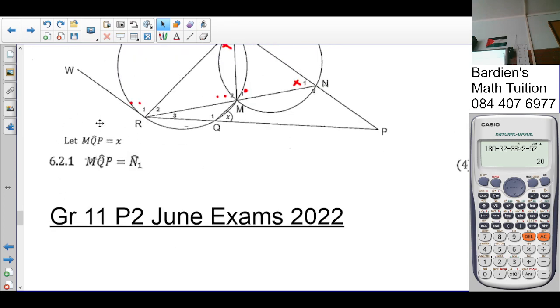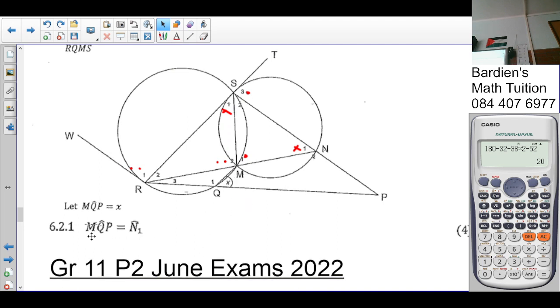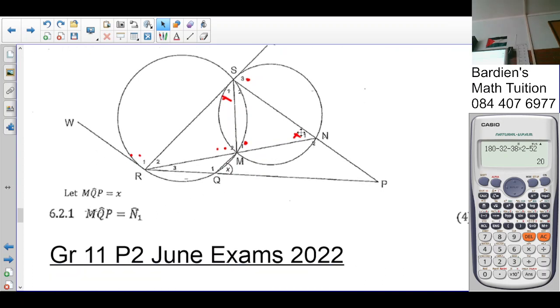We must prove that angle N1 is equal to angle MQP. Let this angle here be x. If we can prove N1 is x, we've done the job. So we know that this angle here is x. Why? Because here's your cyclic quad. That's the exterior angle of the cyclic quad, so that angle is x there.